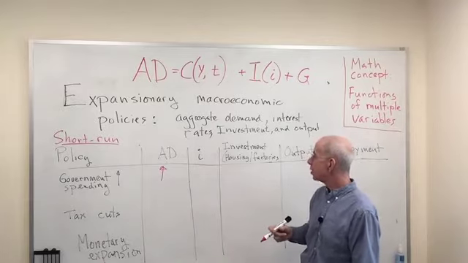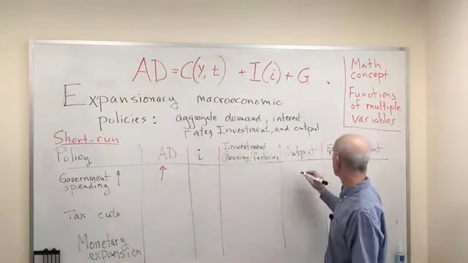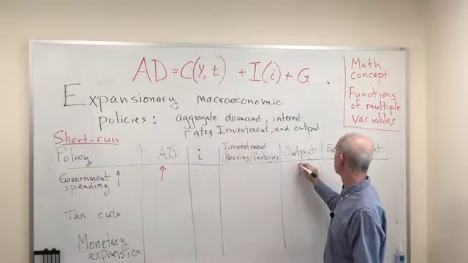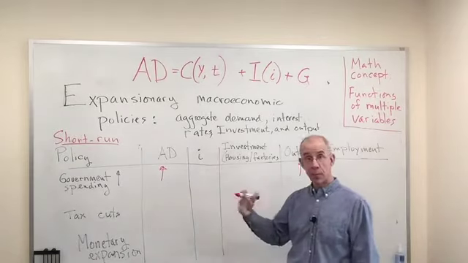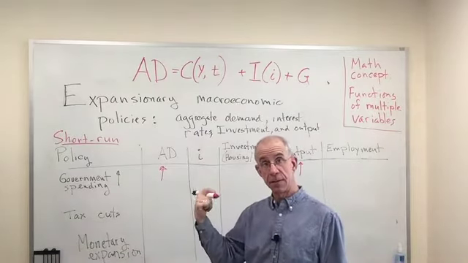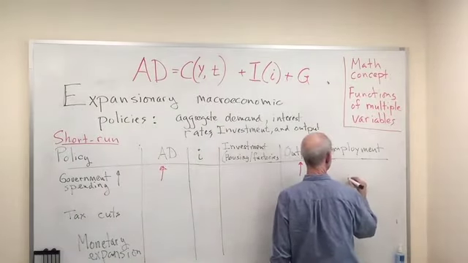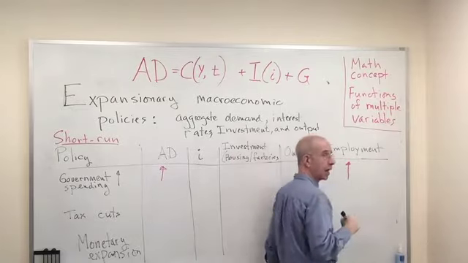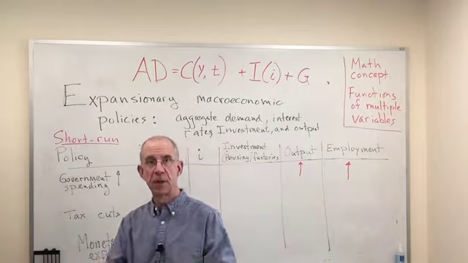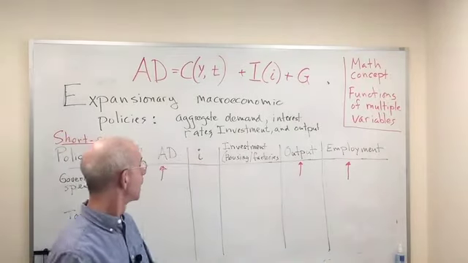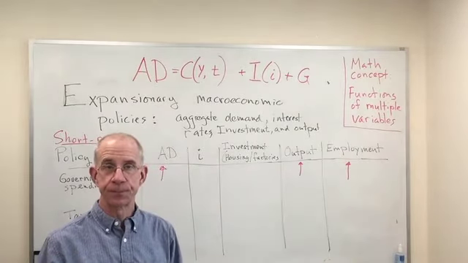If you have the increase in aggregate demand, you're going to see an increase in output as the private sector ramps up to meet the demand for goods and services by the government. And you would tend to see an increase in employment. So it's expansionary. Government spends more, you're going to have more output and more employment.